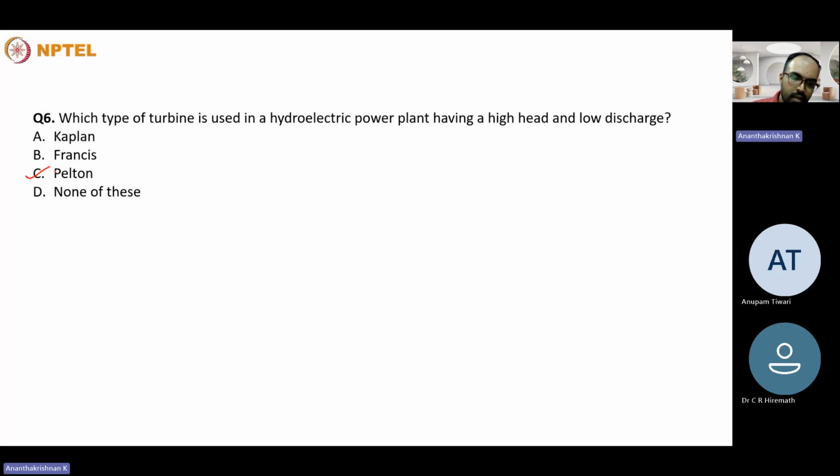So I'll make a table that distinguishes the three turbines that are available in the options, and that can give a very good idea in which situations which turbine is required.